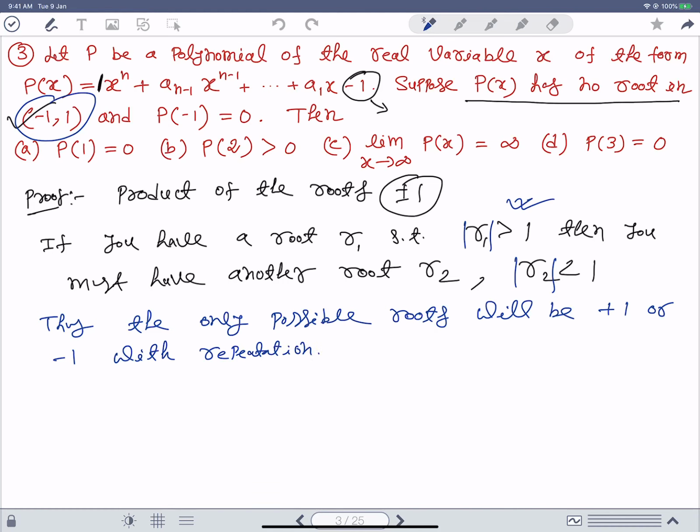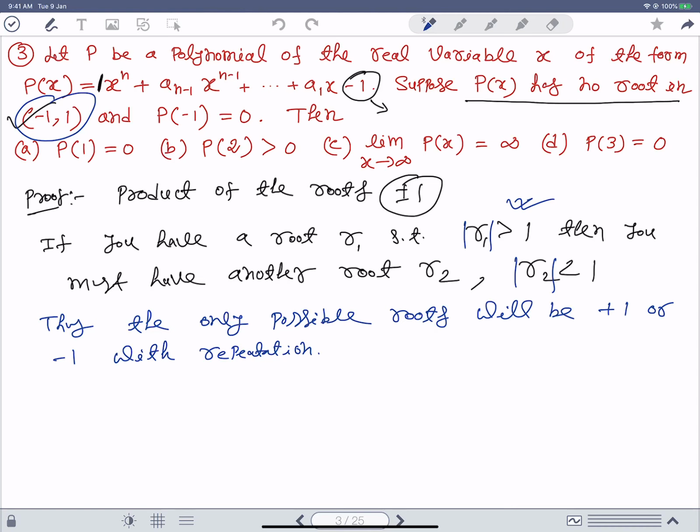Is that clear? Yes? See, someone has written that minus 2 can be a root. No, minus 2 cannot be a root. If minus 2 is a root, then remember that the product of all roots should be plus or minus 1.